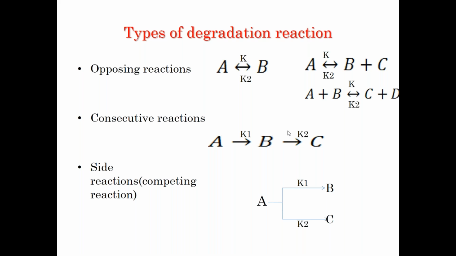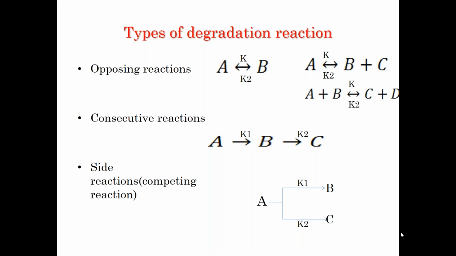When the degradation is happening, it can be a simple degradation in one direction, or it can happen in multiple ways, as you can see here. We can take different pathways, and every pathway can have a different rate, so it is more complex overall.